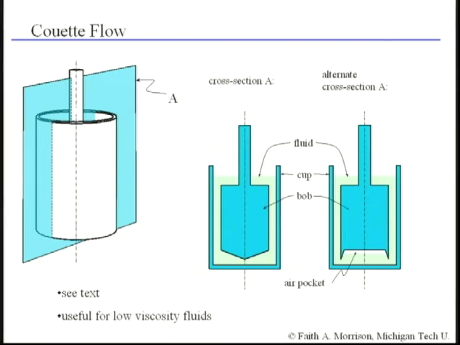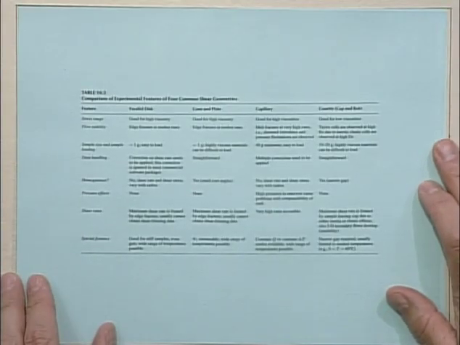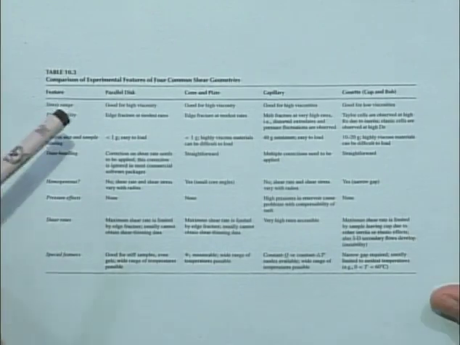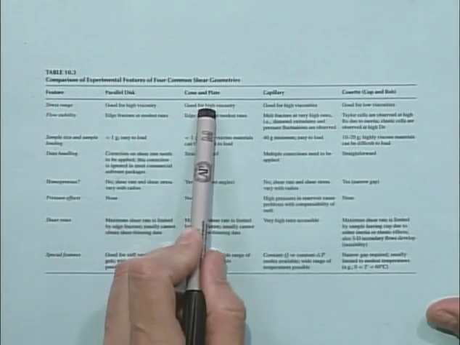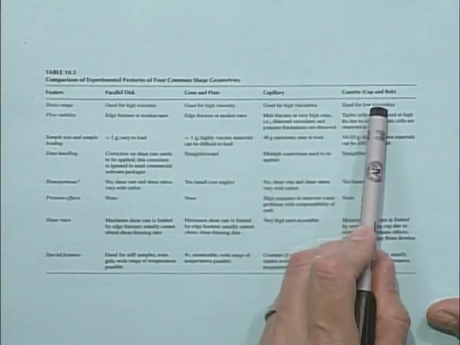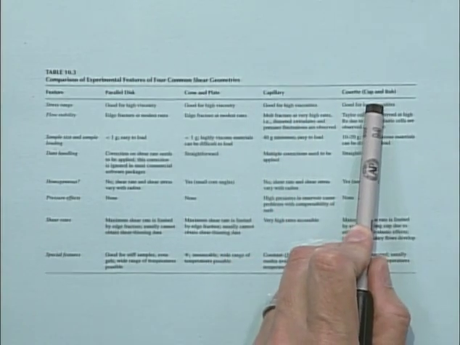In the book, there's a discussion of the pros and cons of these various geometries. This is too small for you to read, but please take a look. It's table 10.3, and it compares the parallel disc, cone and plate, capillary, and the couette cup and bob geometry.